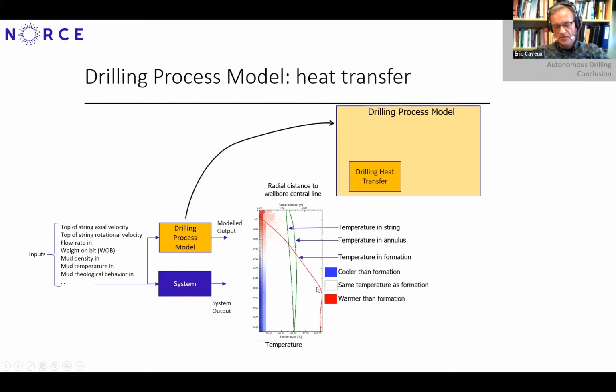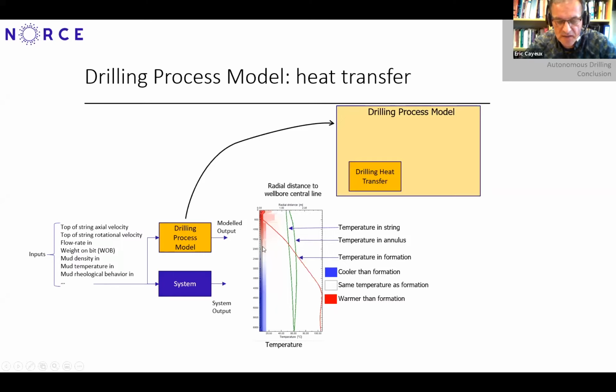The red curve here is the geothermal gradient. It's quite high temperature for this particular well, so we're reaching well over 100 degrees Celsius at the end, and we see how the temperature is also penetrating into the formation rock in this second axis that we have there.